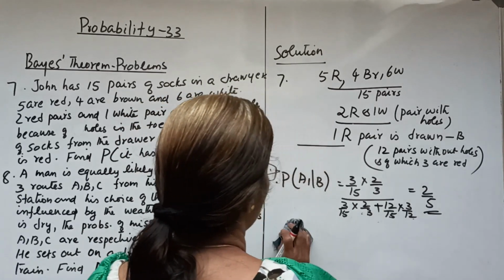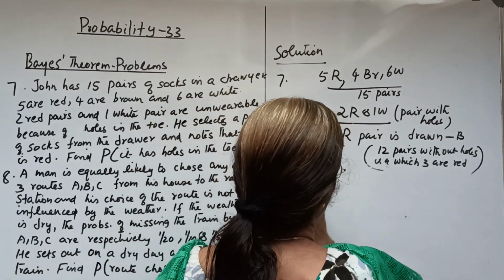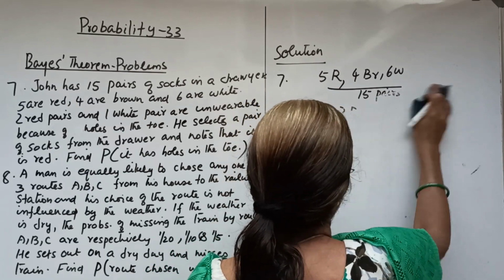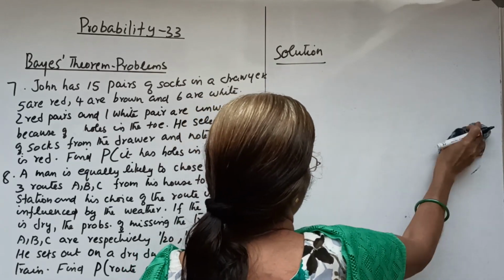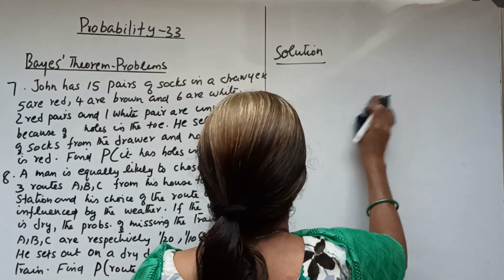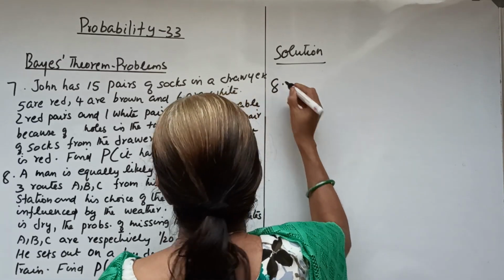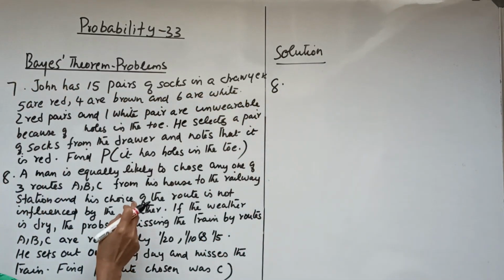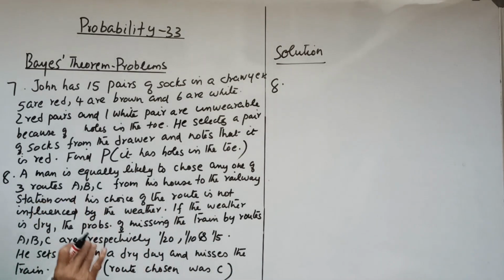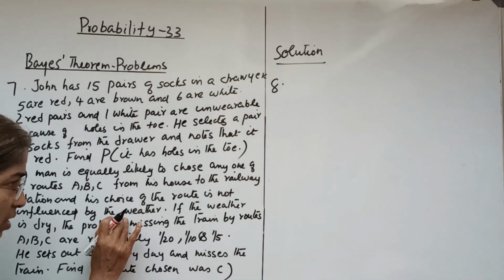Now let us consider the next question. The problem is, a man is equally likely to choose any one of three routes from his house to the railway station, and his choice of the route is not influenced by the weather.